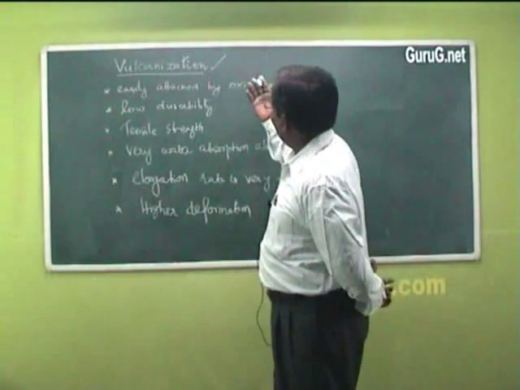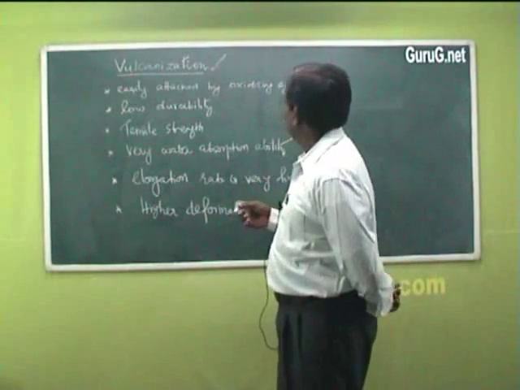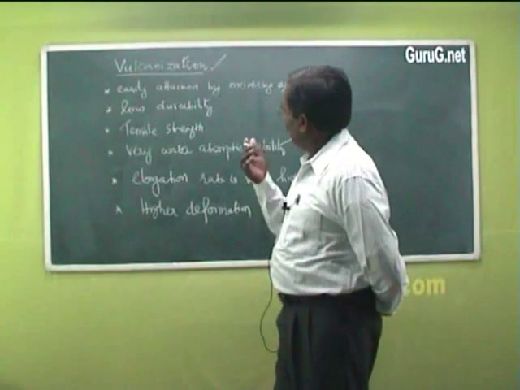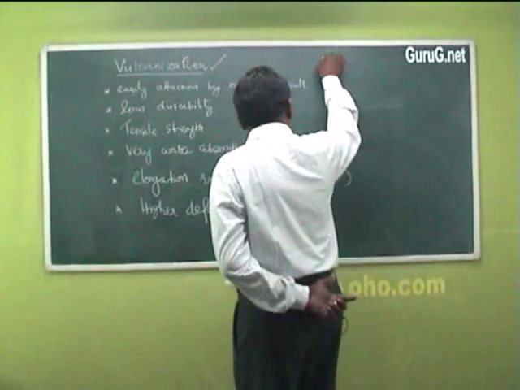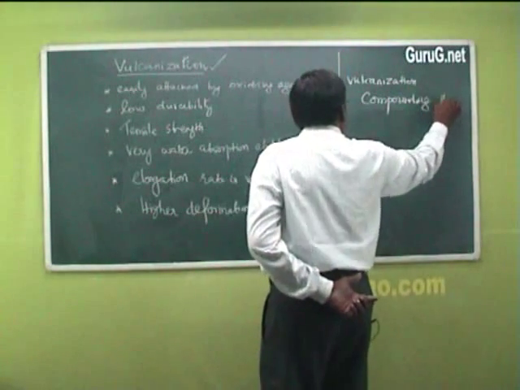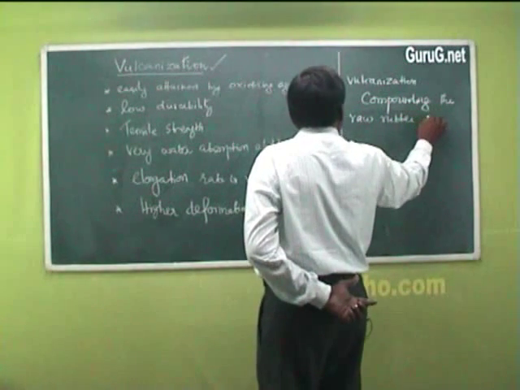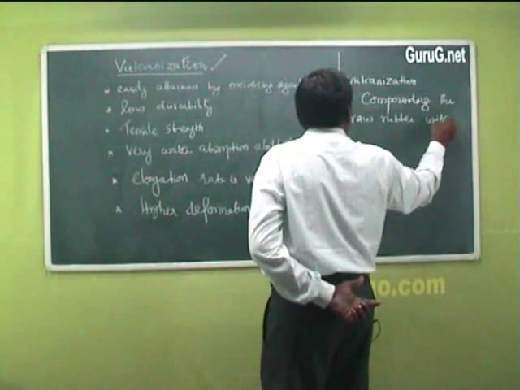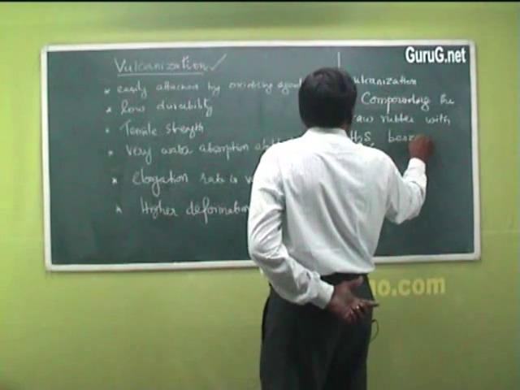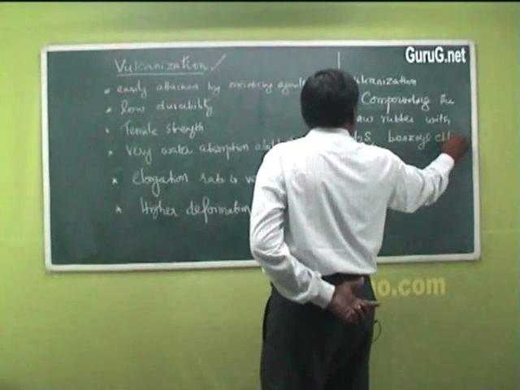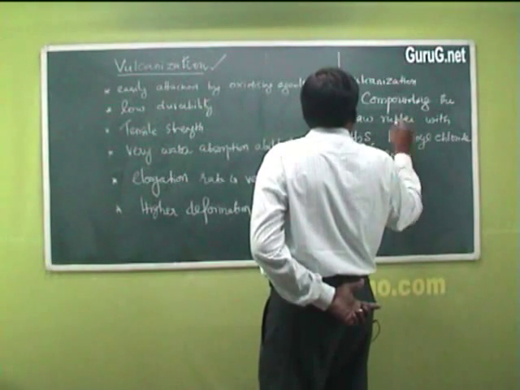It is very simple. Vulcanization is nothing but compounding the rubber by heating it with hydrogen sulfide or sulfur or benzoyl chloride. So vulcanization is nothing but compounding the raw rubber with hydrogen sulfide, benzoyl chloride or sulfur.